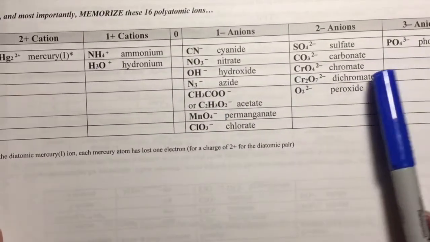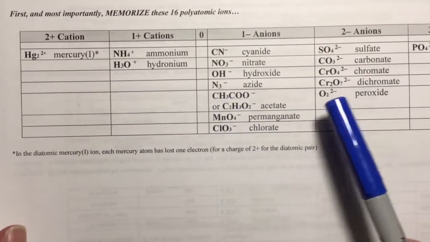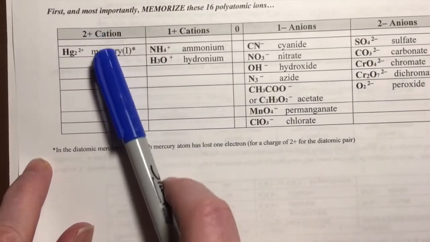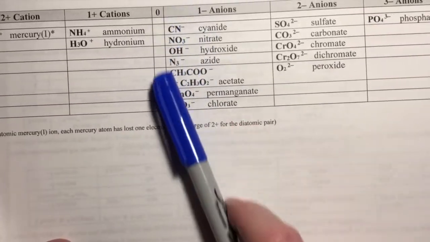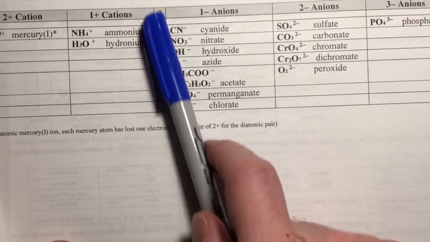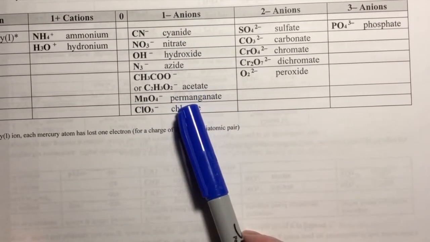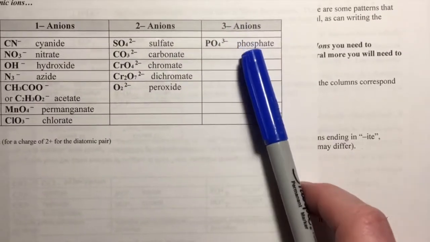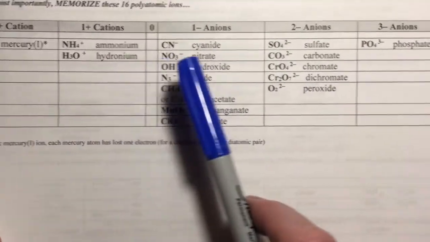That's not to say that these substances actually have those colors, but it's just a way that you can color code the text when you're making your flashcards, so that, for example, the 2+ cation is red, the 1+ cation is orange, the 0 column is yellow, so there's nothing in the yellow column, the 1- charge column is green, the 2- is blue, and the 3- is violet or purple. And so those are the colors of the rainbow there, and maybe that will help you remember.